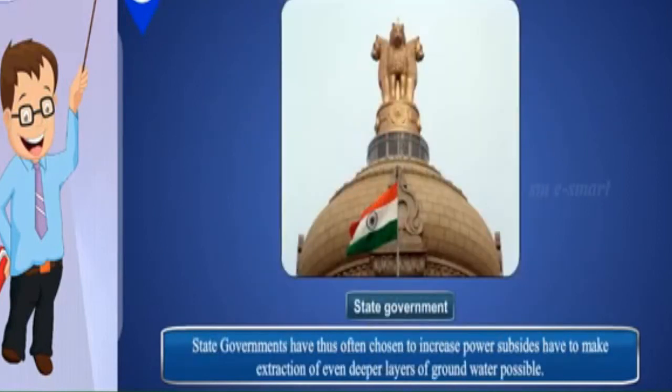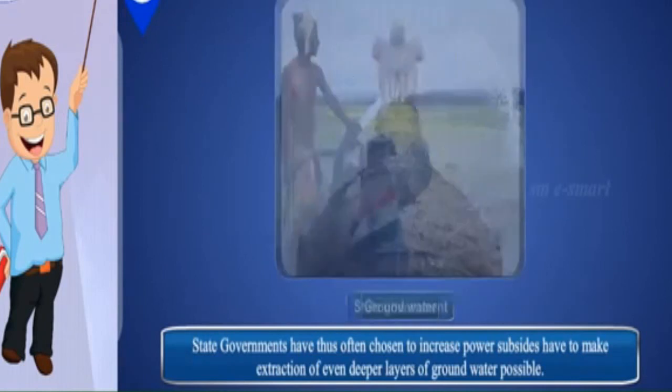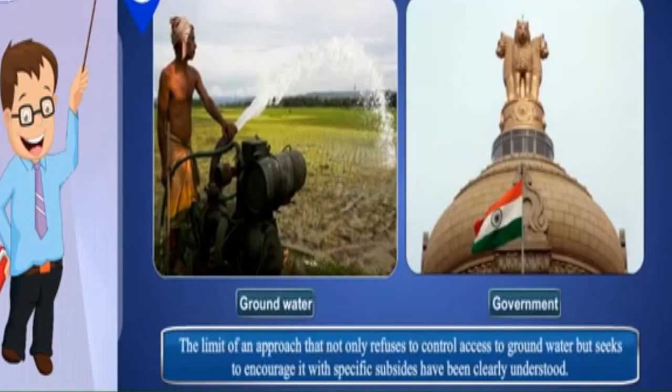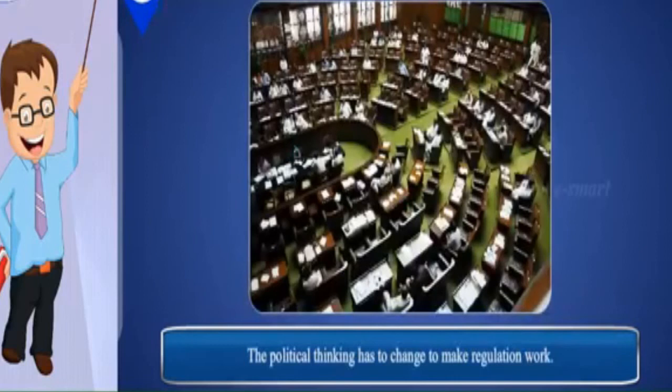State governments have thus often chosen to increase power subsidies to make extraction of even deeper layers of groundwater possible. The limit of an approach that not only refuses to control access to groundwater but seeks to encourage it with specific subsidies has been clearly understood. The political thinking has to change to make regulation work.